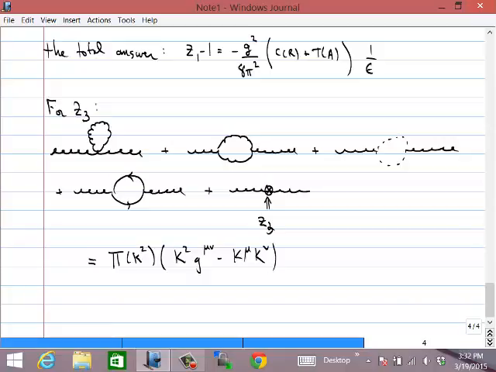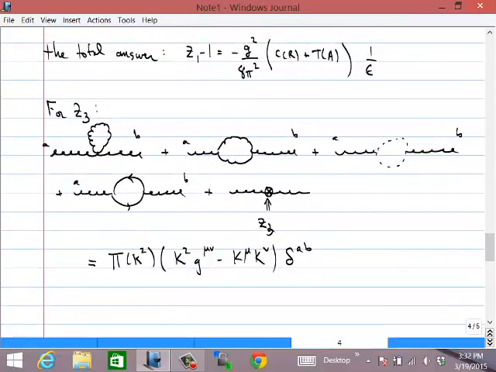The only difference with QED is that we now have an additional group theory index to keep track of. So for example, if there's an A and a B index at each endpoint, it's a somewhat tedious but straightforward exercise to go through and calculate all of these things explicitly.